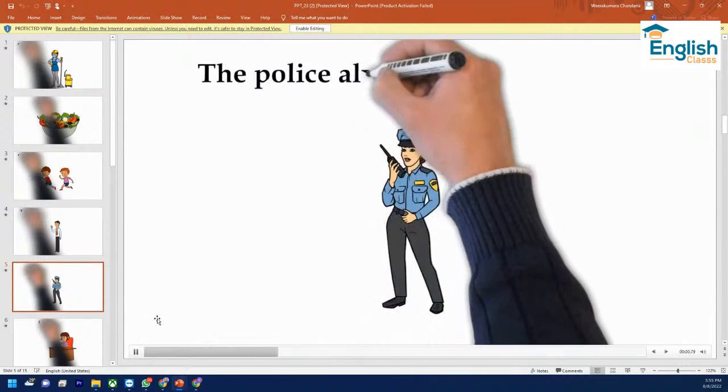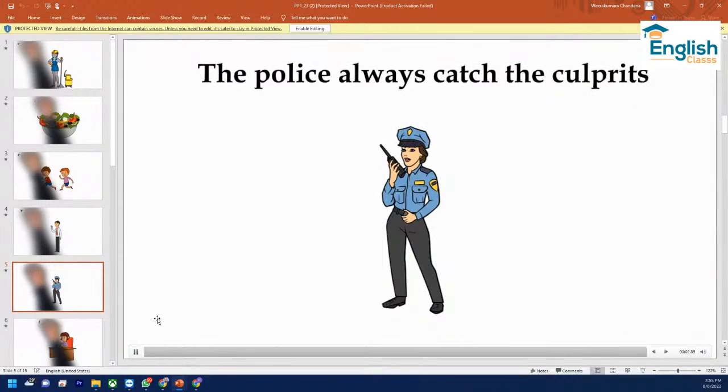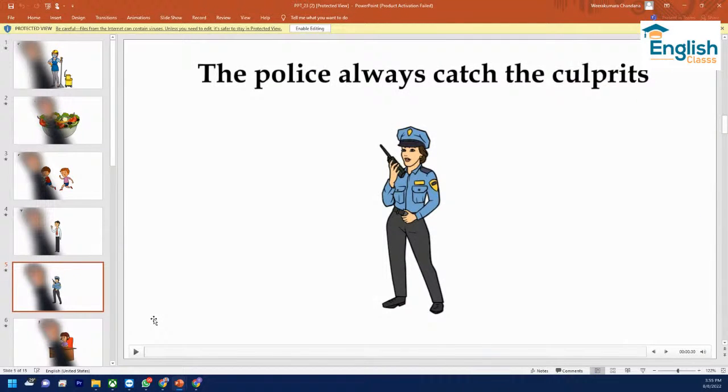Now look at this example given here. The police always catch the culprits. The police catch the culprits. That is what the police normally do. The police catch the thieves.